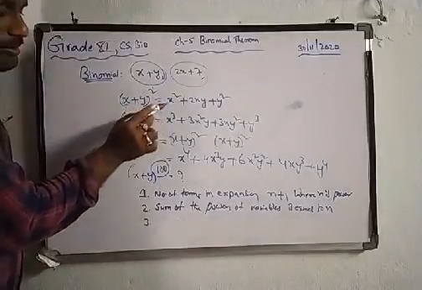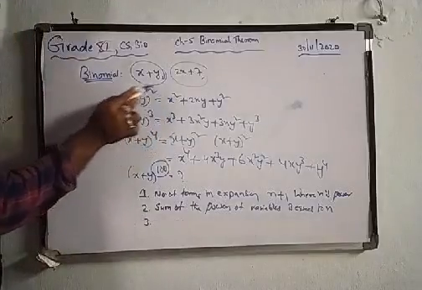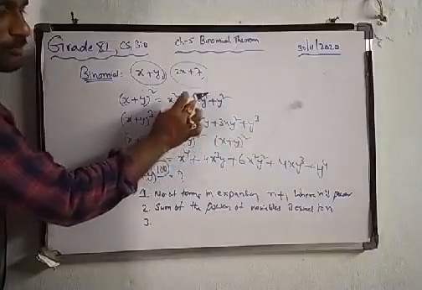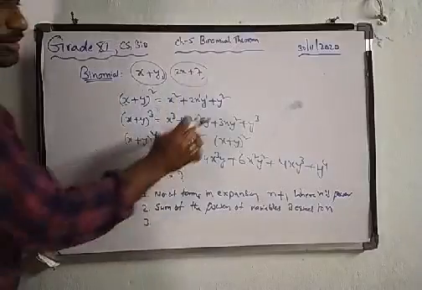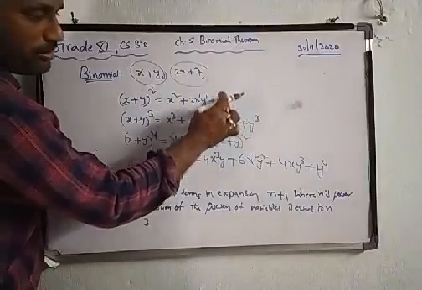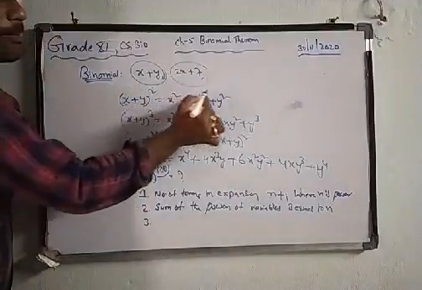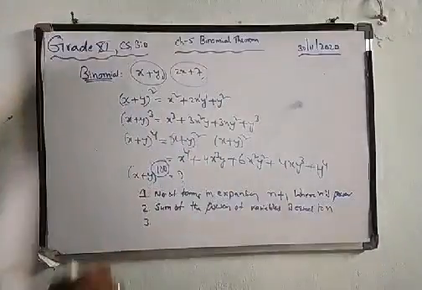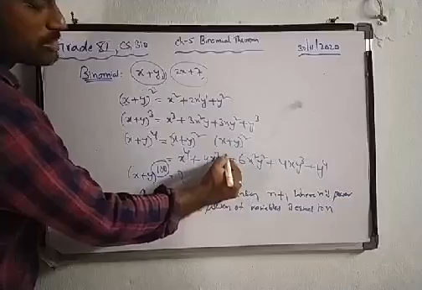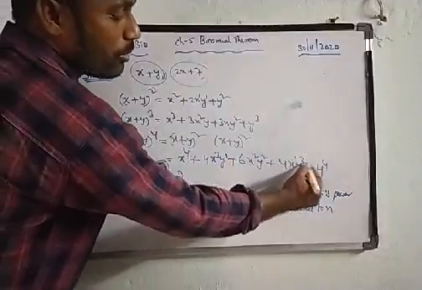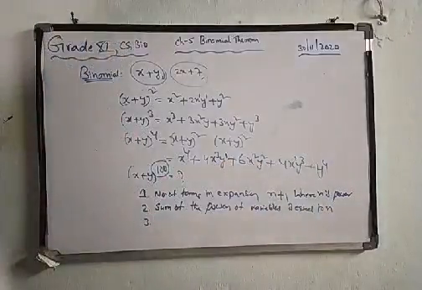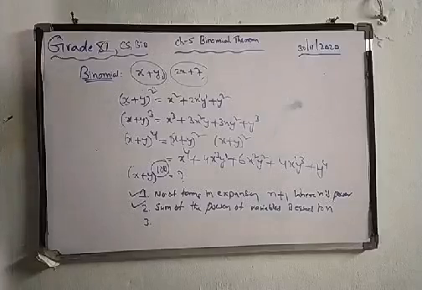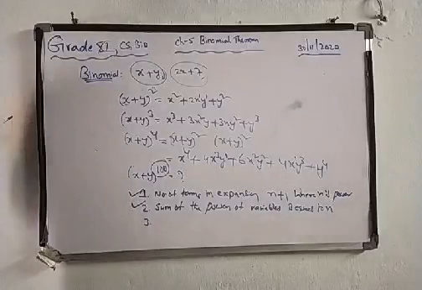Here the power is 2, which is the n value. x has power 1 and y has power 1, 1 plus 1 is 2. Here y is a normal variable, but the power is 2. So whatever the powers are, they add up to the n value. If you observe, here it is 4, here also 3 plus 1 is 4, 2 plus 2 is 4, 1 plus 3 is 4, and y to the power of 4. So these are the two points we need to remember while doing the expansion.